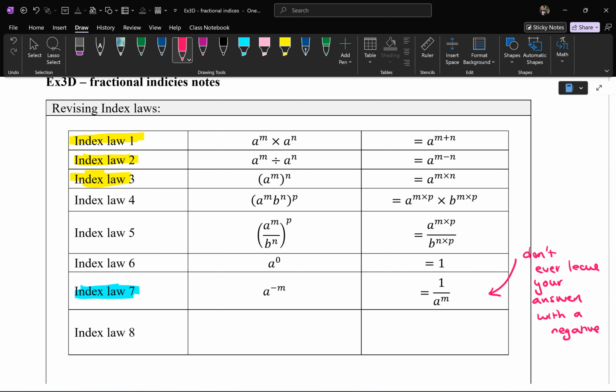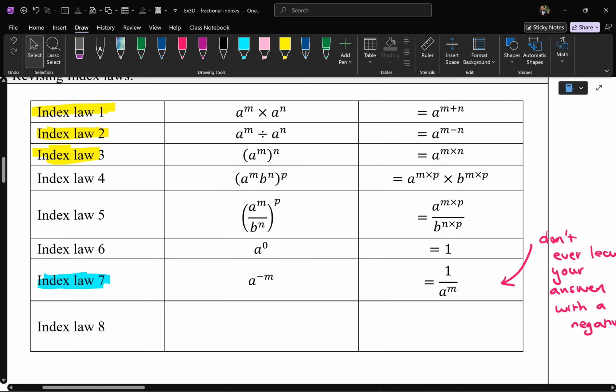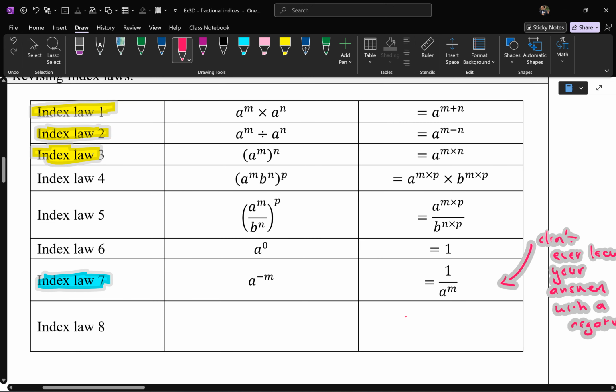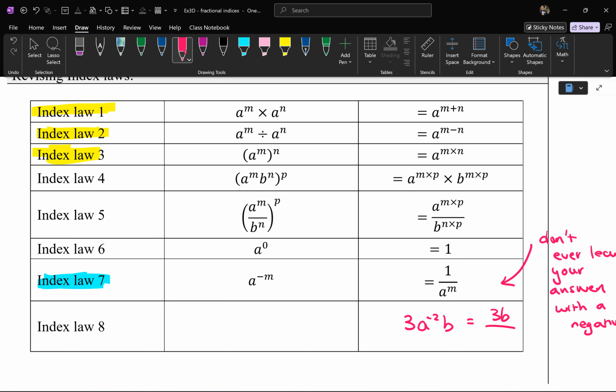You will get penalized as you get to senior level. Year 9, mainstream, normally we don't because we're trying to teach them the rules, but we do not accept negative powers. So if you left an answer, say 3a negative 2b, instead of writing it as 3b over a squared, you'll lose a mark.